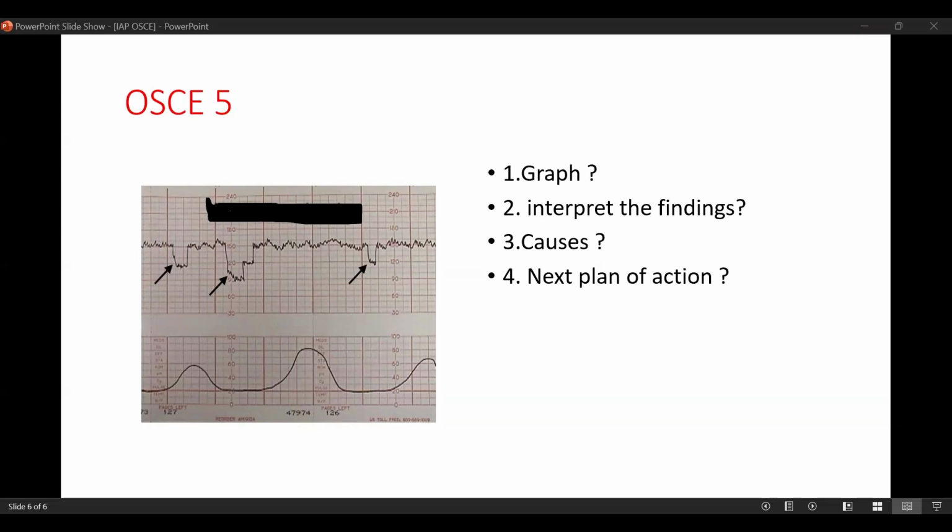And what is your next plan of action? If you see variable decelerations occurring very frequently with no beat to beat variability. Yes, it is delivery.